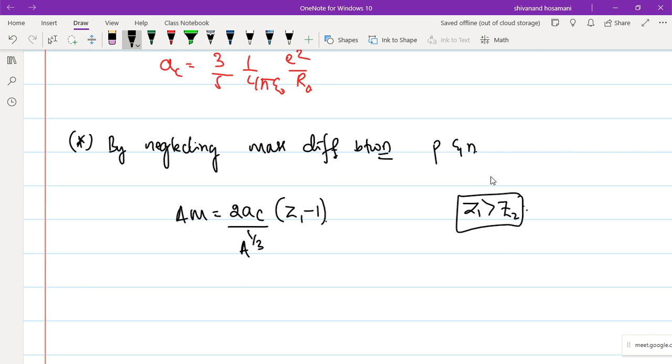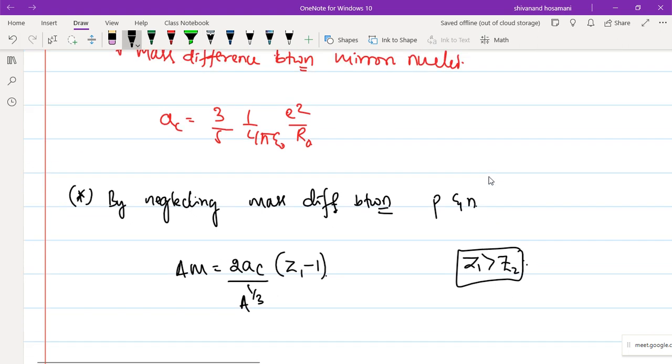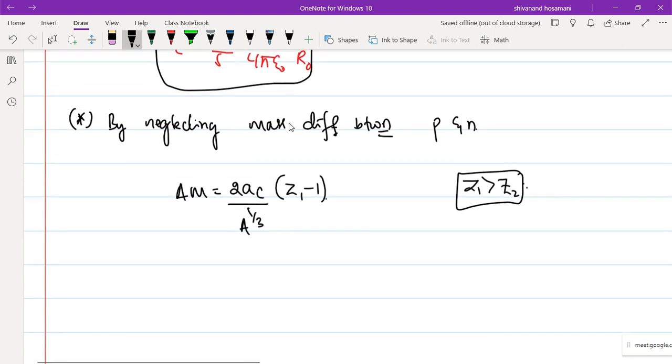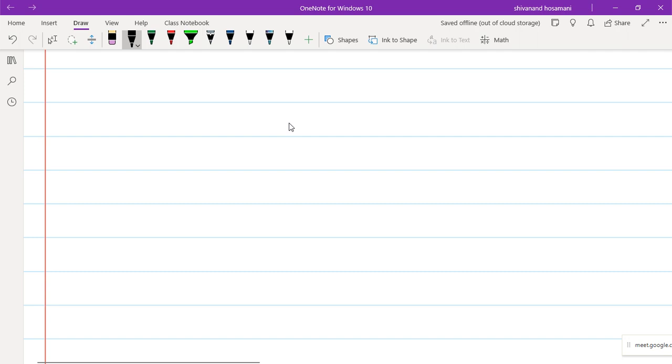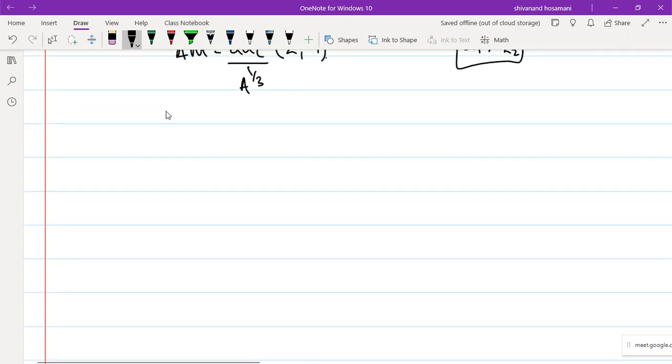As we know, EC in this case is equal to what I have written already: 3 by 5 times 1 by 4 pi epsilon naught, e square by r naught. And we already know the radius relation: the radius of the nucleus is given by r equal to r naught into A to the power of 1 by 3.